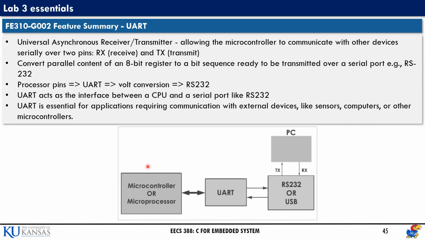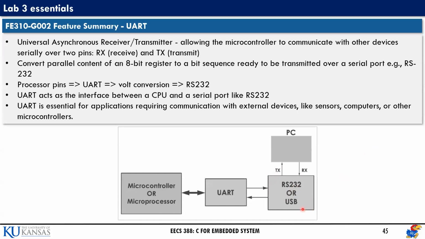So here we are trying to communicate between a microcontroller and a computer, that is PC, using the UART, and the UART does it by connecting through a serial port, that is RS-232 or USB.